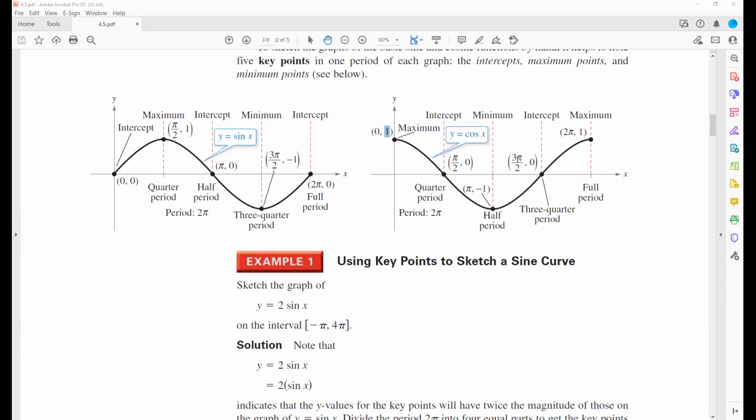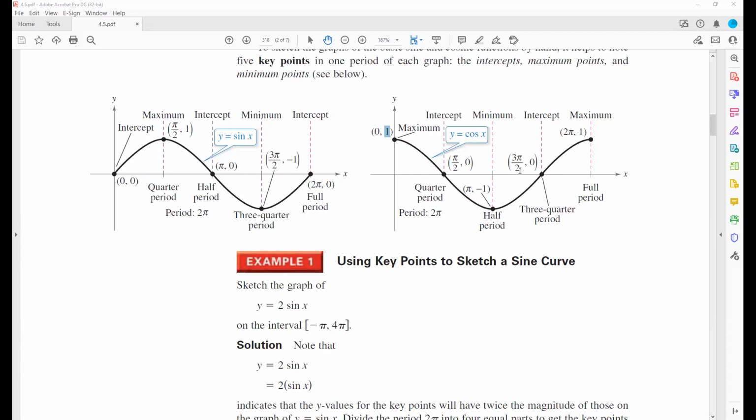So if the question says, hey, how many zeros cosine has on one full period or full cycle, you're going to say, hey, it has two zeros. What are those zeros? Pi over 2 and 3 pi over 2.